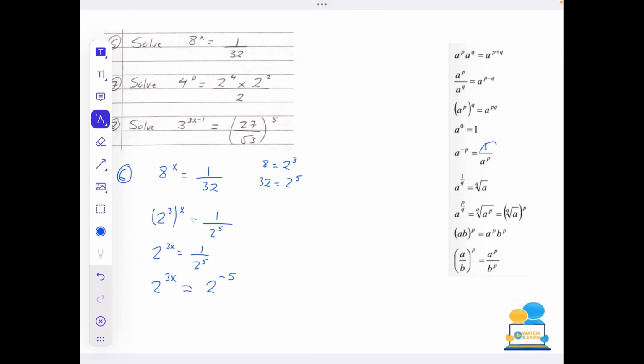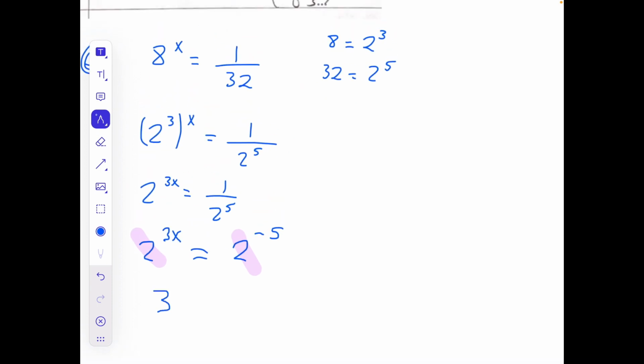So when you have 1 over something to the power of something, get rid of the 1, and the power changes to a negative sign. Now here our base is the same, so we can just let the powers equal each other. So we get 3x is equal to minus 5. We divide both sides by 3, so x is equal to minus 5 over 3.